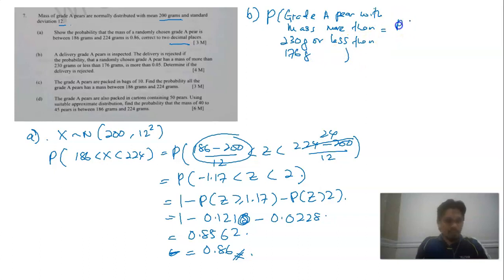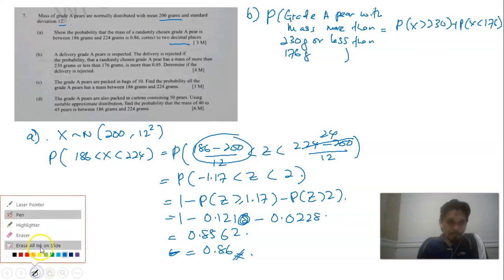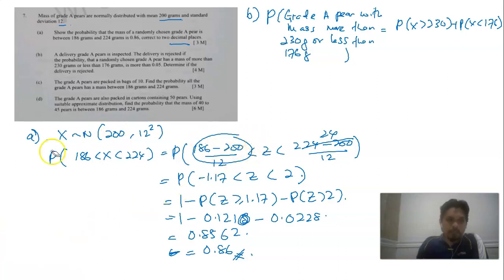For this one it is the probability of X greater than 230 plus the probability of X less than 176. So in this case, okay, I'll clear the first one here now.